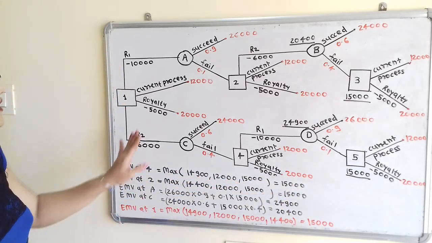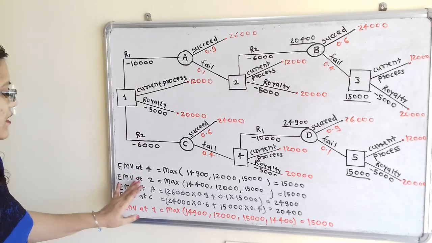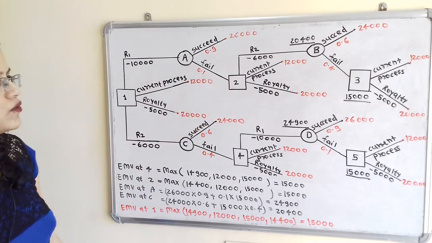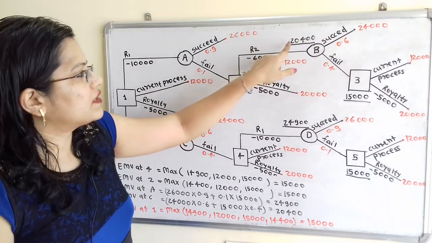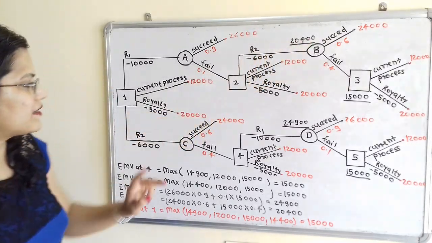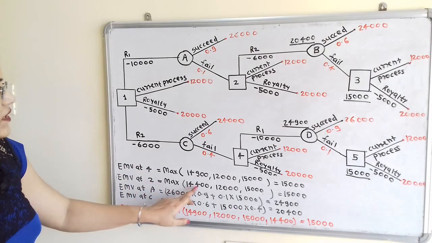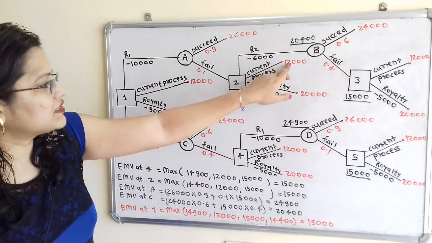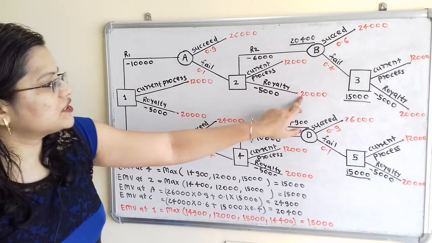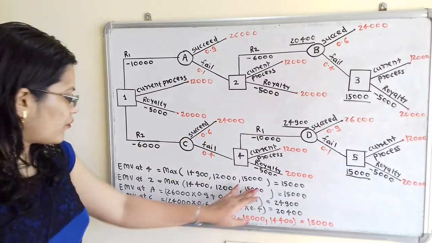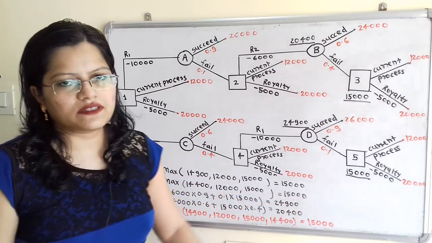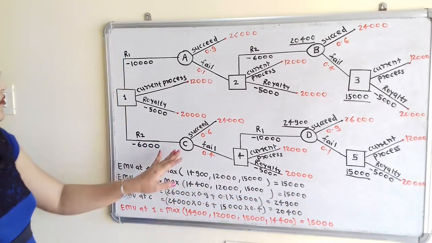Then we will move to the next, that is we will calculate the expected monetary value at node 2. So here also we have to take the net profit, that is 20,400 minus 6,000, that is 14,400. Then next is 12,000, and next is 20,000 minus 5,000, that is 15,000. So what is the maximum value? That is 15,000. Now again we will move to the next.